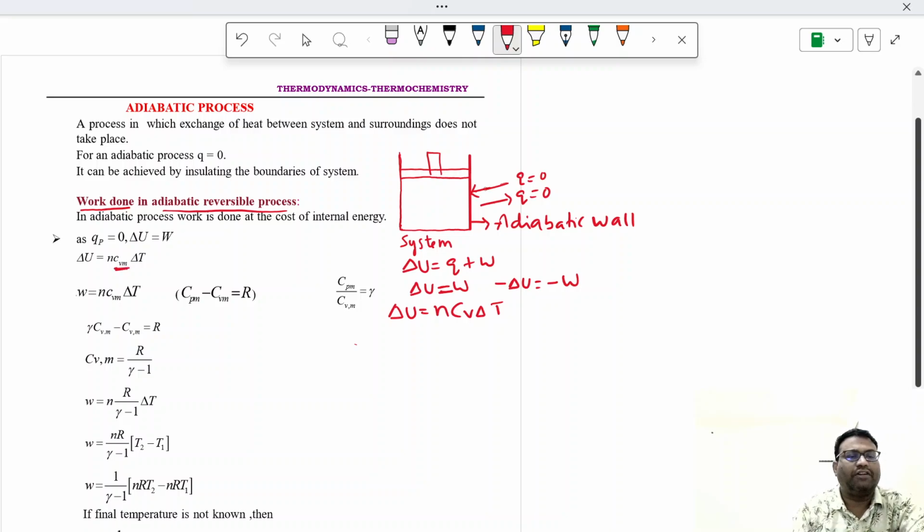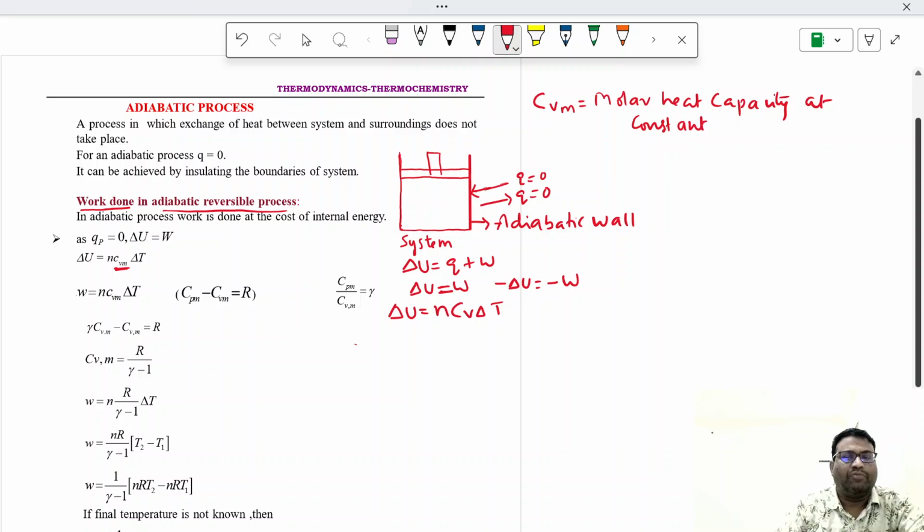M means molar. So what is CVM? If it is written M, then what is that CVM? Molar heat capacity at constant volume.